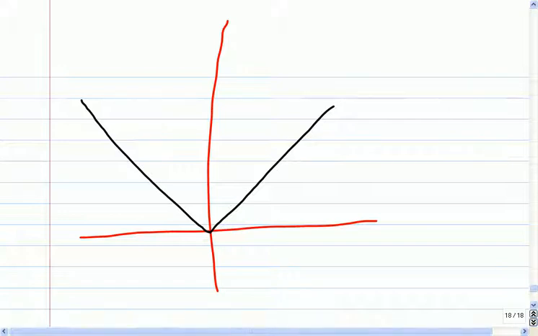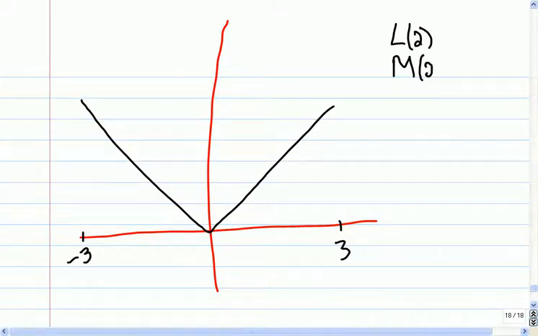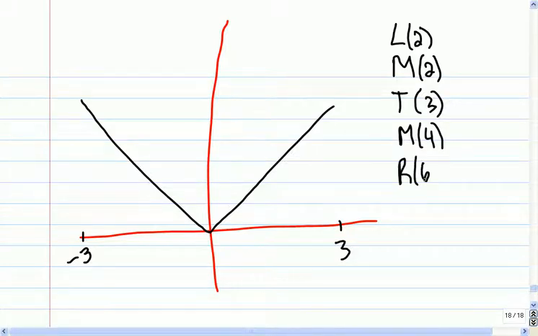So let's just say in the picture we go from -3 to +3, and it wants us to compare the left point, midpoint, trapezoid, and right point rules. So what we're looking for are these things here. Left with 2 points, the midpoint with 2, the trapezoid with 3, midpoint with 4, and the right with 6.